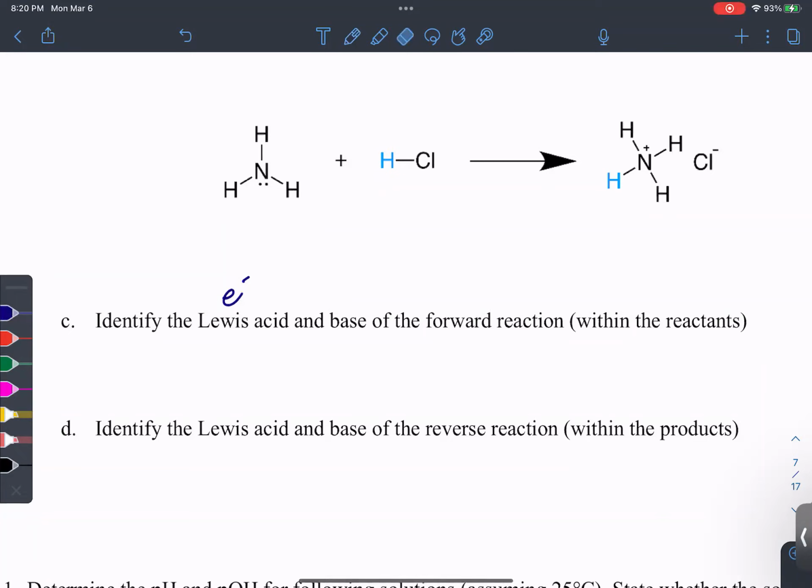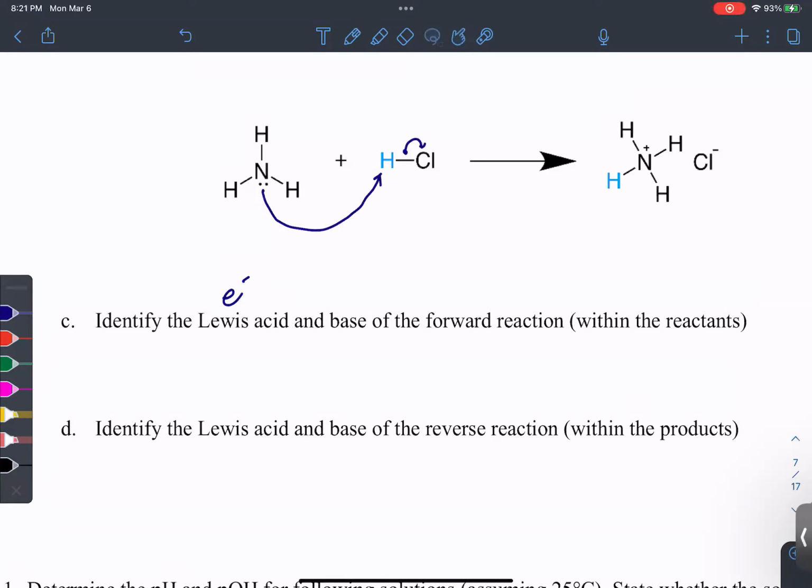But let's think about it differently, because for Lewis we're thinking about electrons moving. A covalent bond is composed of what? 2 electrons. So Lewis acid base theory says these 2 electrons in the lone pair of ammonia grab a hydrogen off of HCl, and then these 2 electrons in the covalent bond of HCl go on to chloride. Do you see where the electrons are moving now?